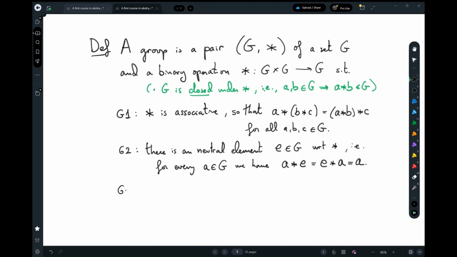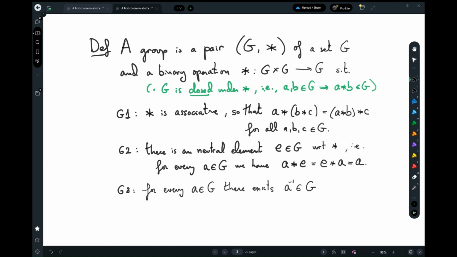And G3, we have inverses. For every A in G, there exists another element that I'm going to call A inverse, and that is just a name for this element.